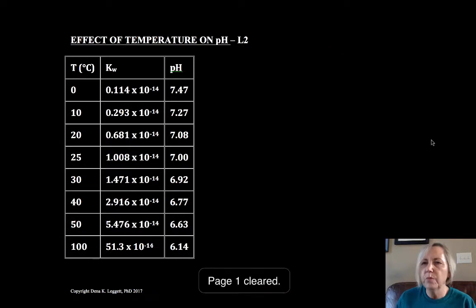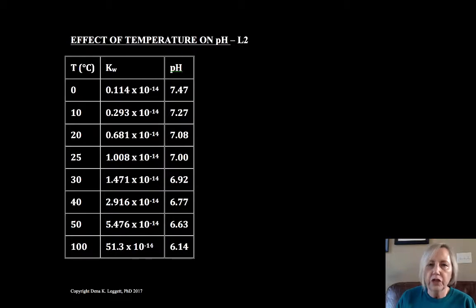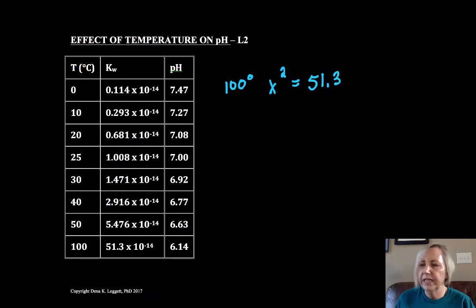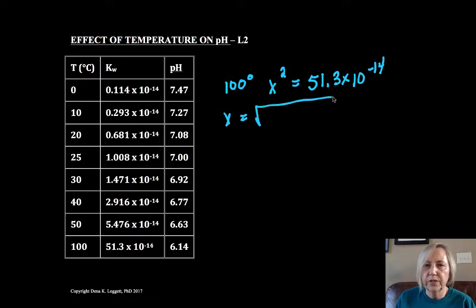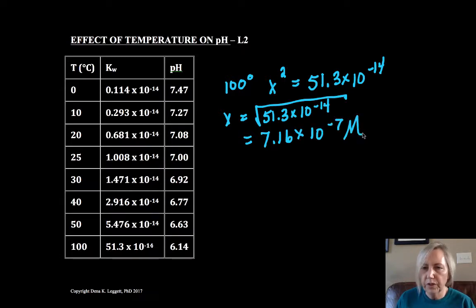Let me do one more quick calculation, and let's do 100 degrees. Following the same algebra as above, x squared is equal to 51.3 times 10 to the minus 14th. So x is equal to the square root of 51.3 times 10 to the minus 14th, which is equal to 7.16 times 10 to the minus 7th molar for my H3O plus and my OH minus.